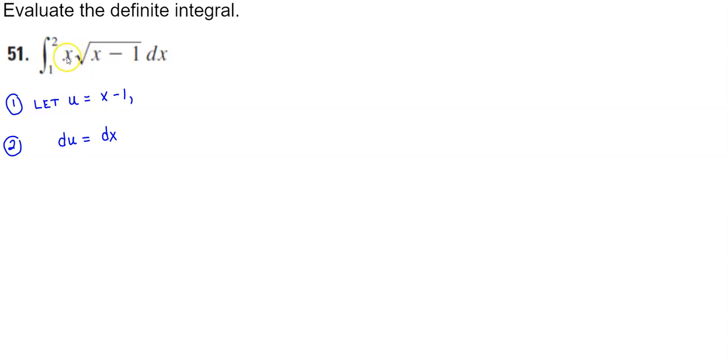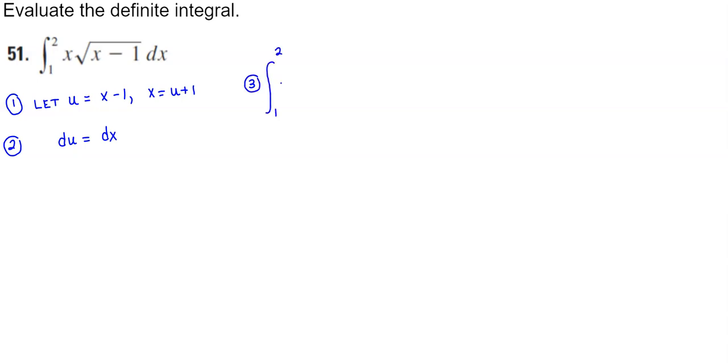So we're going to have to solve for x in this first substitution. We're going to add 1 to both sides. So therefore, u is going to equal x minus 1, and x will then equal u plus 1.